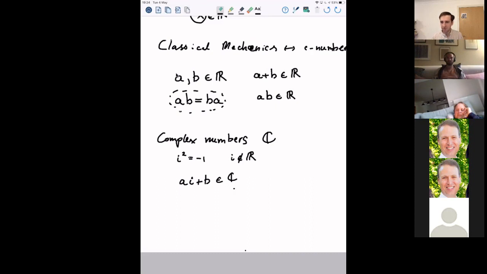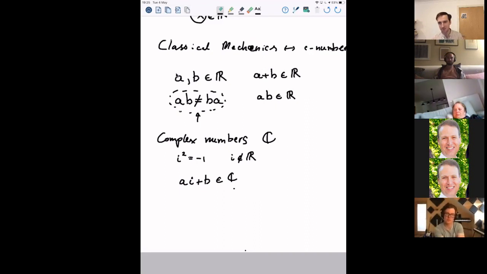And the reason I'm mentioning this is because the Q numbers are an even broader set of things than these complex numbers. And in particular, the Q numbers drop this property that I mentioned before. So there's this commutative property that real numbers have, written here, and Q numbers in general do not commute with one another.